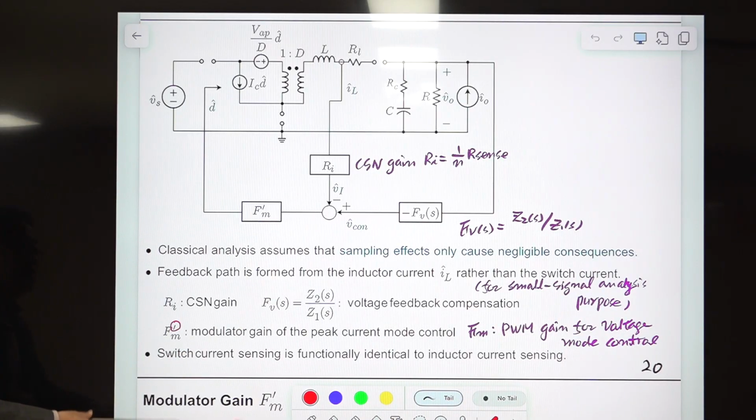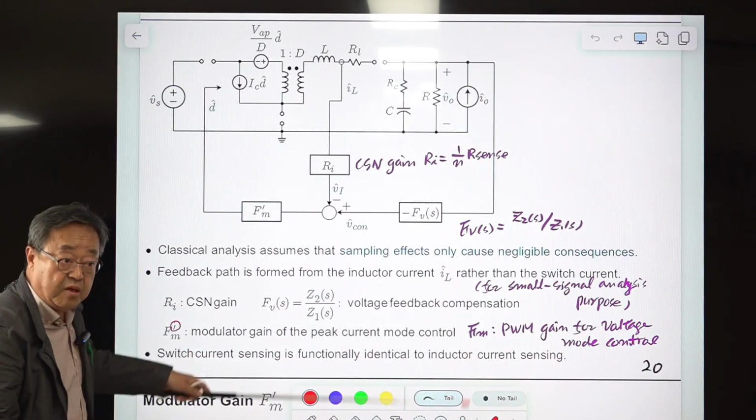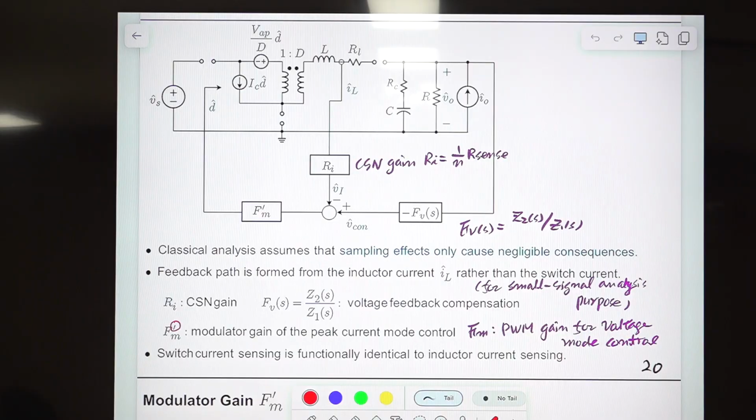I explained that the switching current sensing is functionally identical to the inductor current sensing, because once switching action is done, this transition occurs at this point, at the peak point of, oh boy, let me use this, okay.